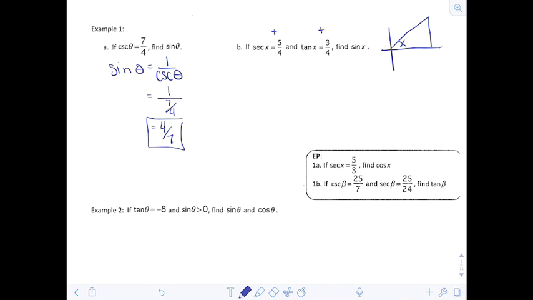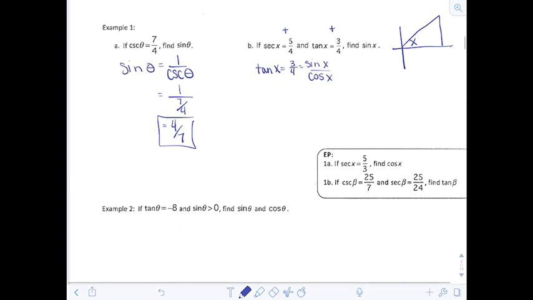And we want to find the sine of x, so I need the opposite and the hypotenuse. Well, one thing they tell me is the tangent of x is 3/4. And I know that the tangent is really sine over cosine, so sine of x over cosine of x.